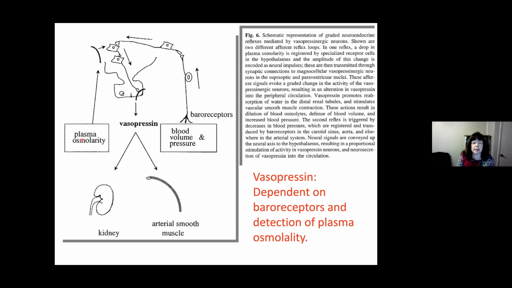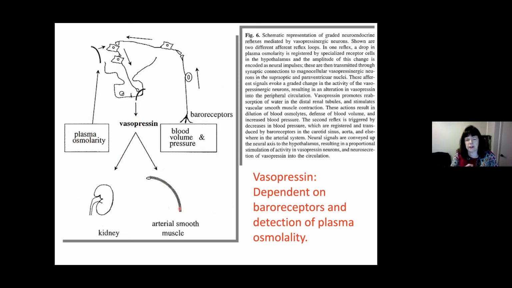Also, there are sensors for plasma osmolarity. So if we need to conserve water, if plasma osmolarity goes up, vasopressin is stimulated. Its targets are in the kidney and also arterial smooth muscle.